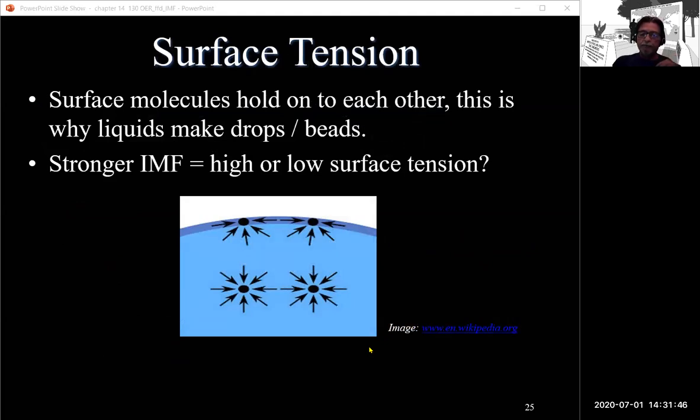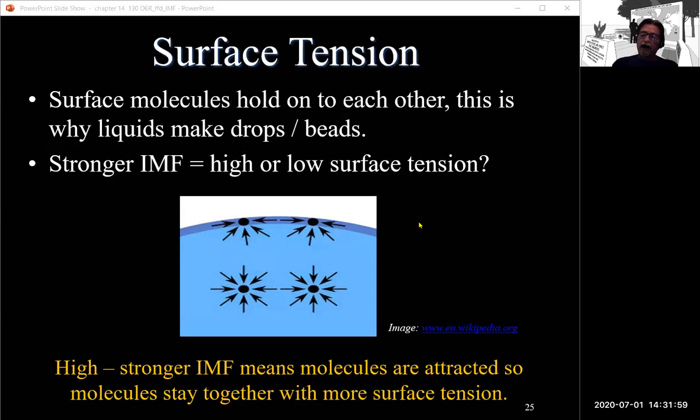Surface tension is how the molecules of a liquid interact with each other on the surface. For example, strong IMF would have high surface tension. I don't know if you ever noticed, when your car is dirty and you put water on it, it spreads out, right?